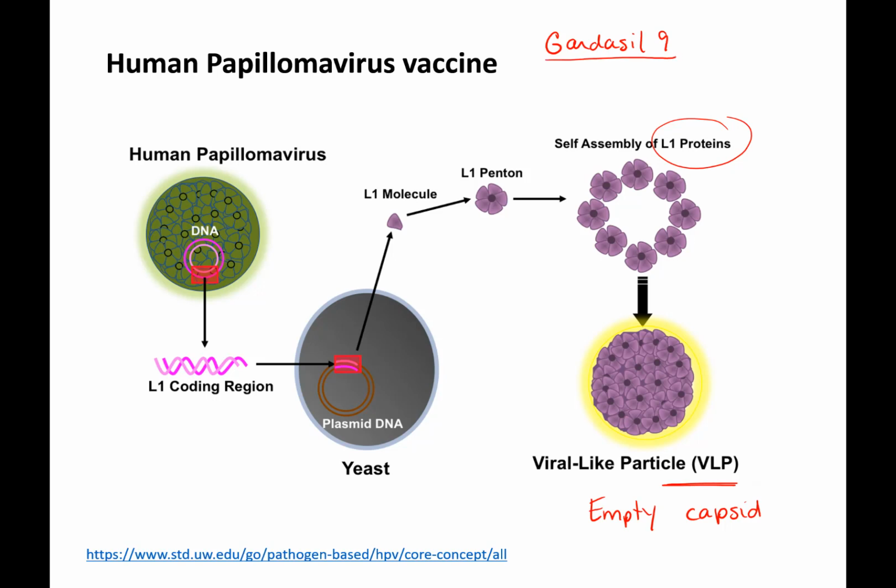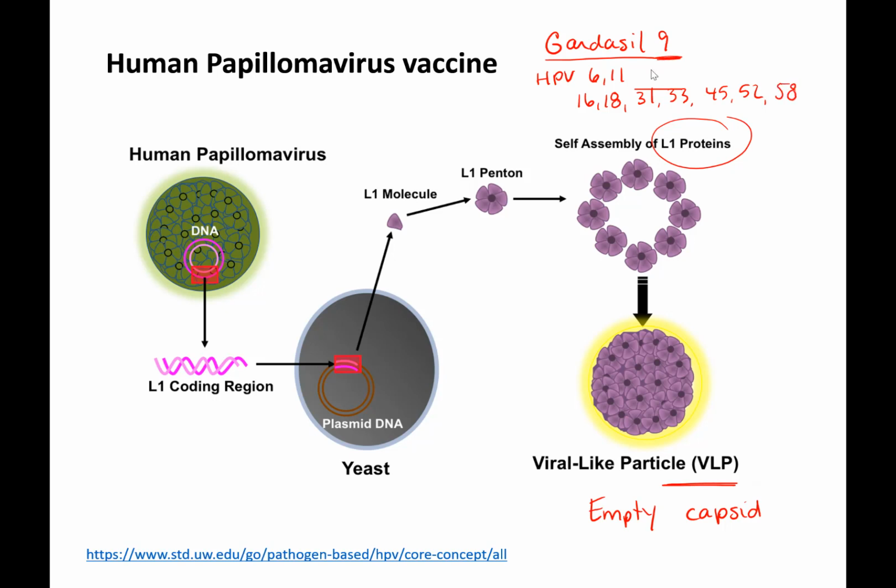Gardasil 9 is a mixture of these virus-like particles against HPV type 6 and 11, the two most common low risk, 16, 18, 31, 33, 45, 52, and 58. So that's why it's 9.